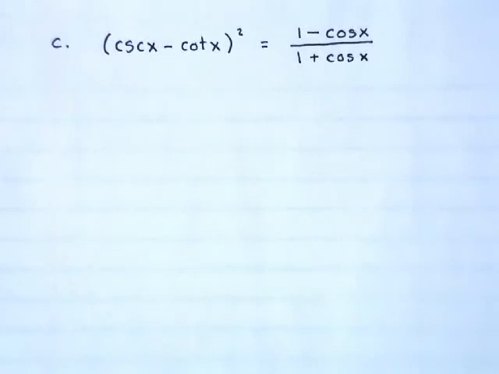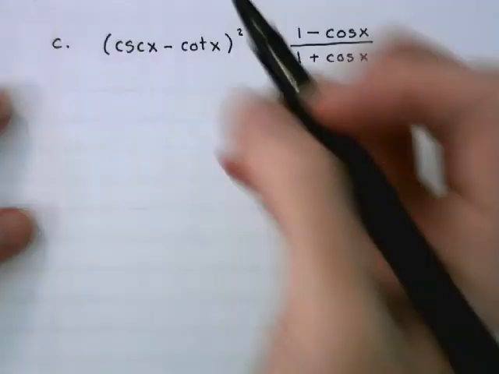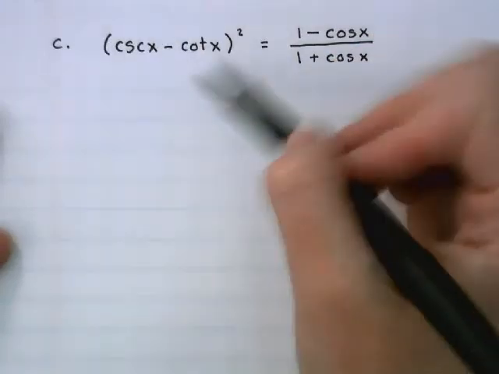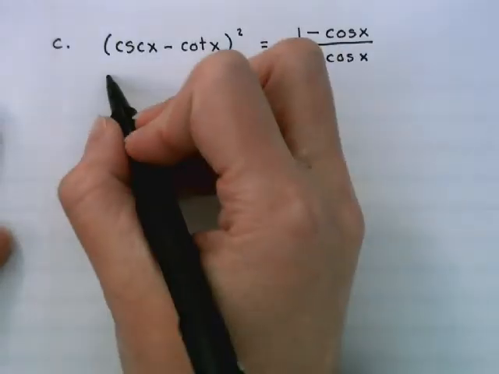Okay, here's our next one. So we have cosecant of x minus cotangent of x, all of that squared, equals 1 minus cosine over 1 plus cosine of x. So first I'm going to choose which side, and there's going to be more things to do here. So that's the side I'm going to pick.